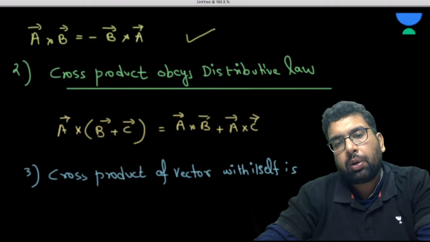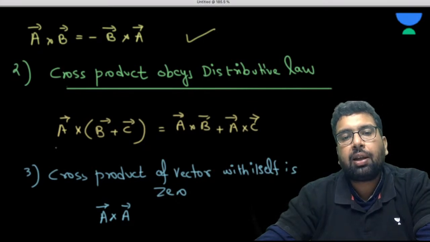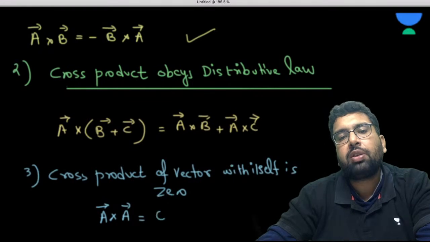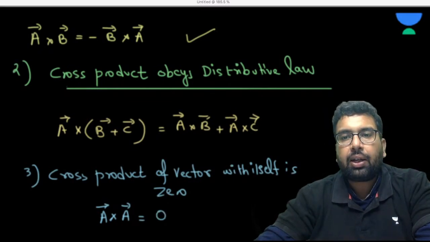Because if you are writing a vector cross a vector, what is the angle it makes with itself? Obviously it makes an angle of 0 degrees with itself. Sine 0 is 0, so the cross product of a vector with itself will become 0.